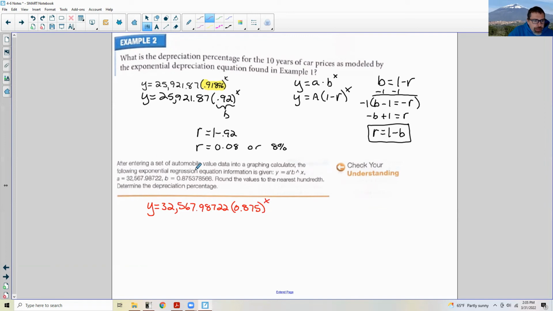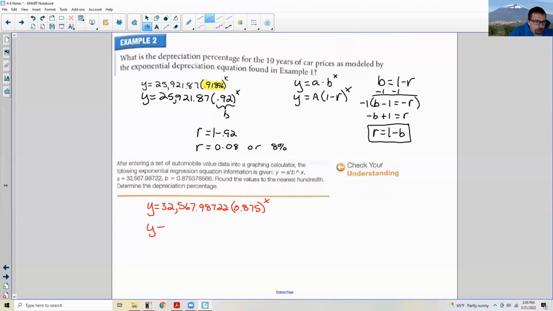So it says, after entering the set of data into the graphing calculator, the following exponential equation is given. Round the values to the nearest hundredth. Determine the depreciation percentage. So this is the depreciation percentage we did up here. So it says round to the nearest hundredth.